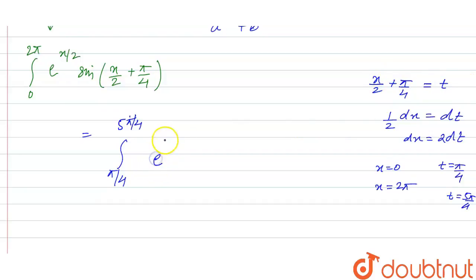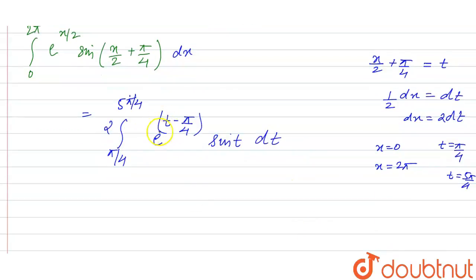So we have e raised to power t minus pi by 4, and we have sine t, and dx is 2 dt, so 2 outside, and we have dt here.